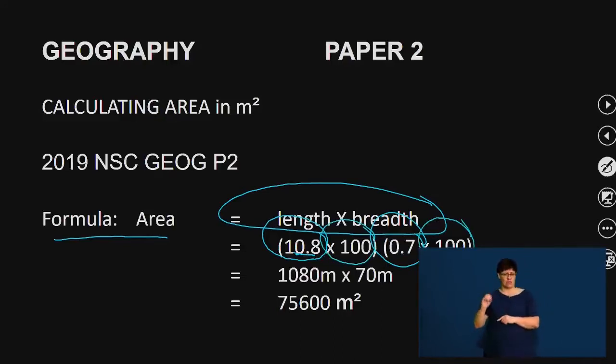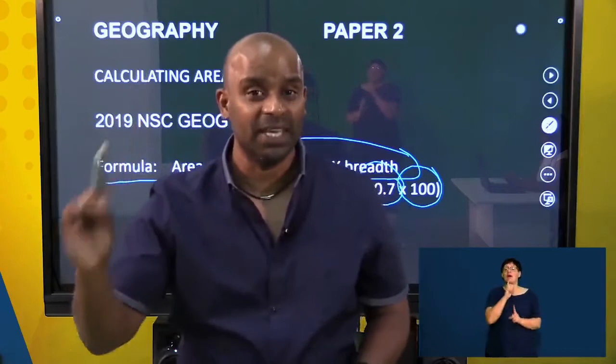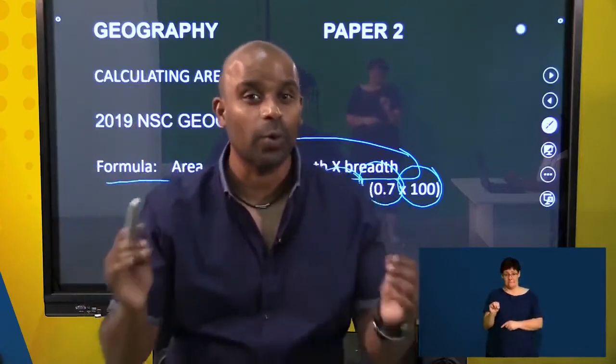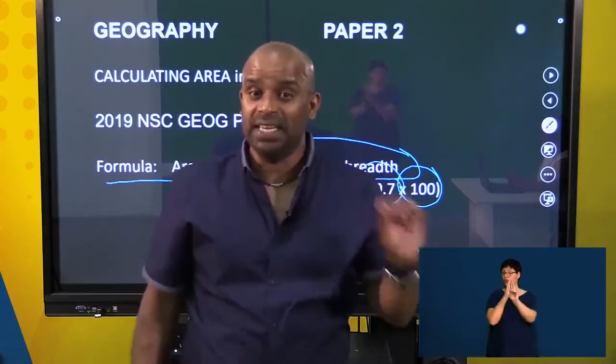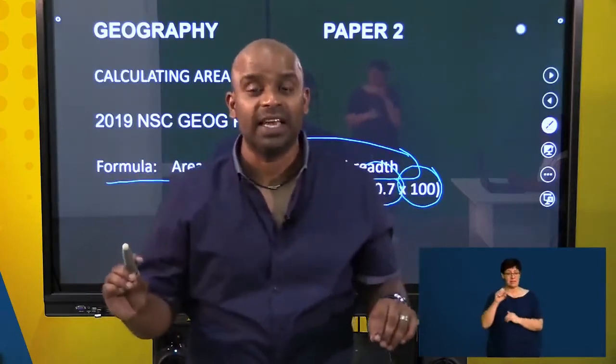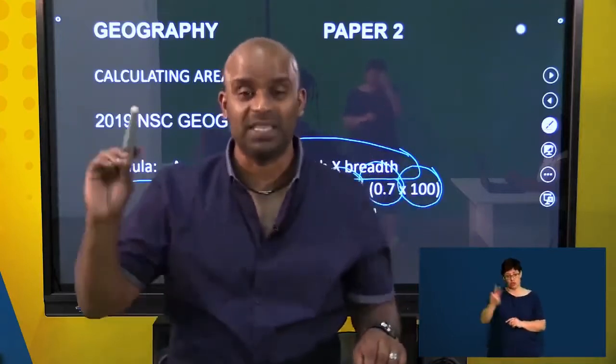What does this mean? When I multiply my distances by 100, I am looking for an answer in meters. That means that the question would ask you to either indicate your response in meters or kilometers. In the case of area, meters squared or kilometers squared.